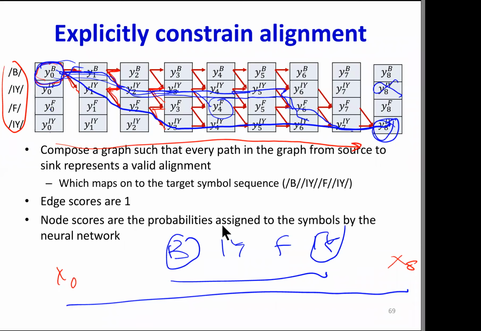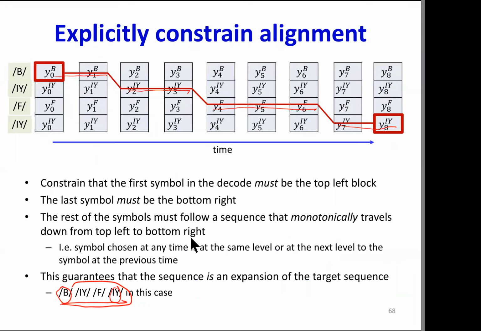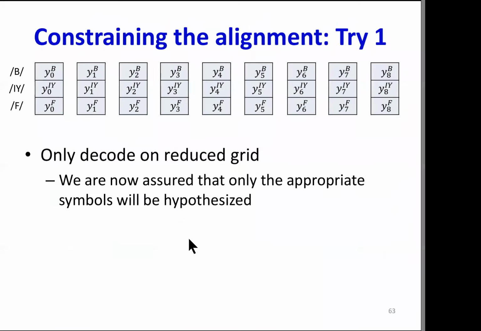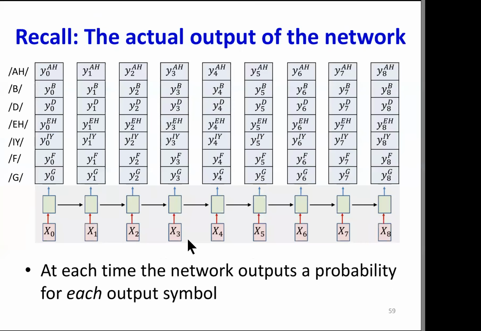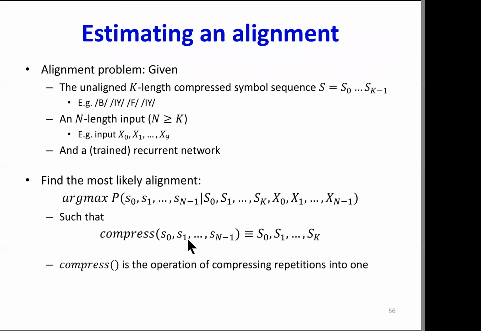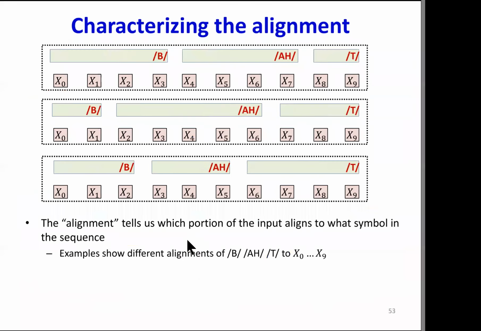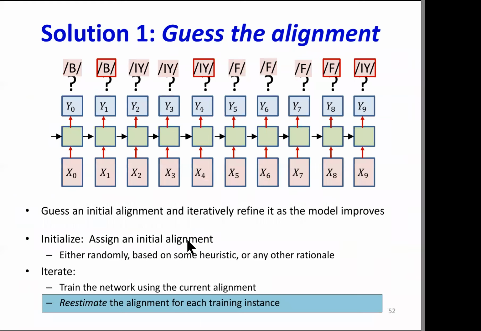Thank you. Correct. So Rami, you remember the first step when I said up here, we can start off by guessing an alignment and then training the model. You'd be guessing an alignment for every training instance in your training data, and then training a model over the entire training data.